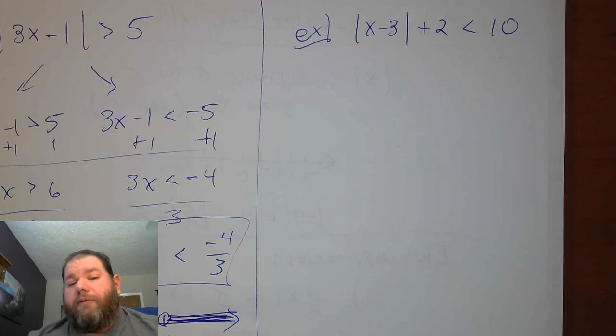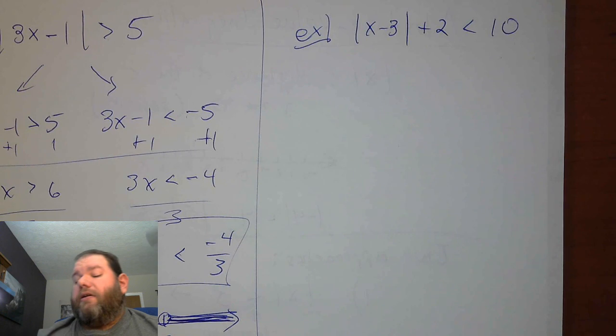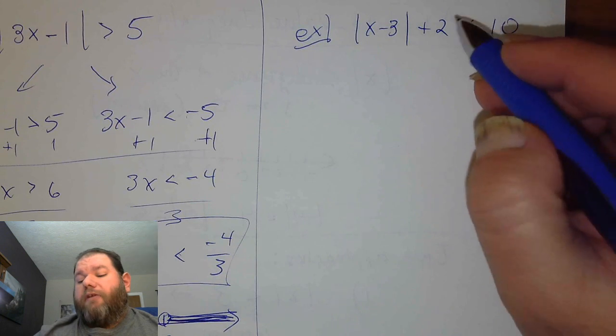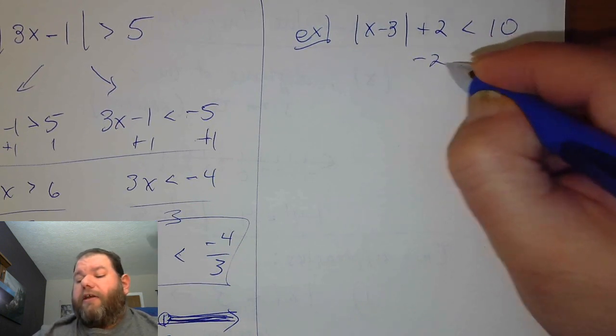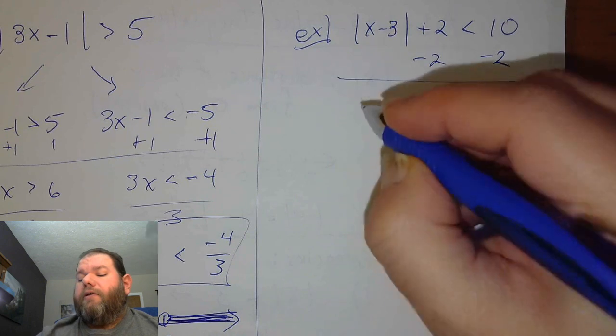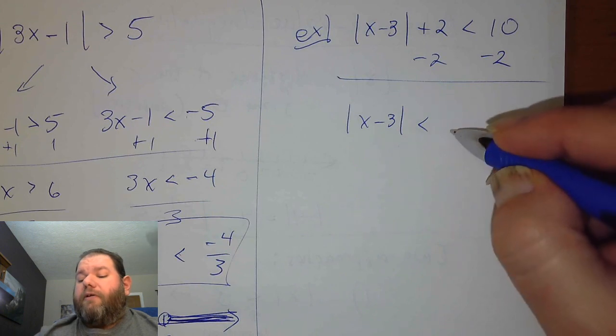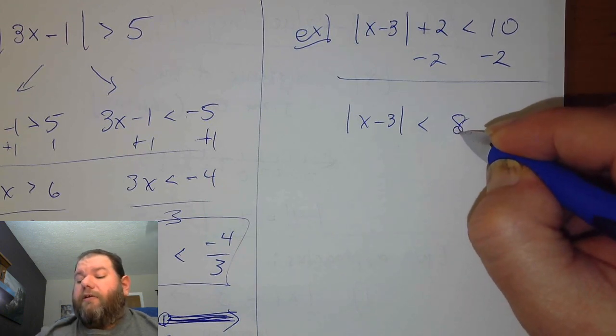Unfortunately, before we can deal with the absolute value, there's one other step that we need to do first. That's a good question to ask at this stage because I hadn't talked about that. But we can't mess with the absolute value until we get everything else fixed to where it needs to be. Now, yes, good. So we have this plus 2 right here. Let's subtract that 2 from both sides first. So we just have the absolute value of x minus 3 by itself, and in this case less than 8.